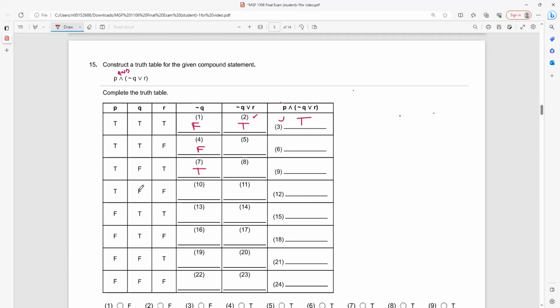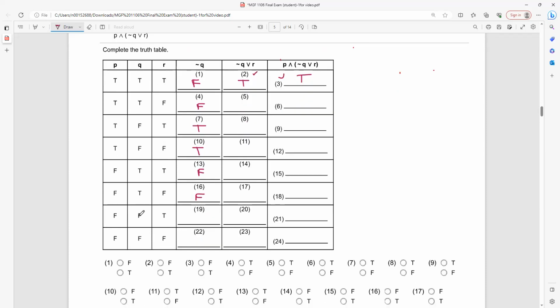Continuing, Q is false, therefore not Q would be true again. We move down. Q is true, therefore not Q would be false. Q is true, therefore not Q would be false again. Q is false, so not Q would be true. Q is false, not Q would be true.